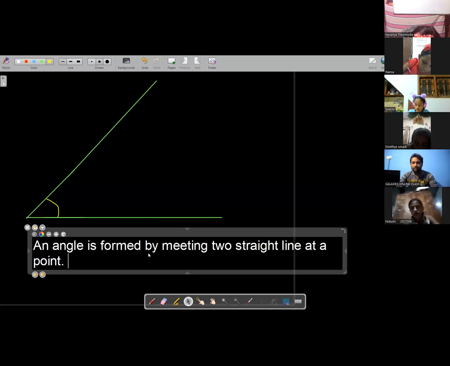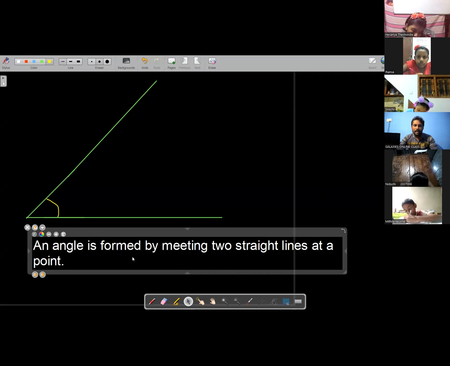An angle is formed by meeting two straight lines at a point.